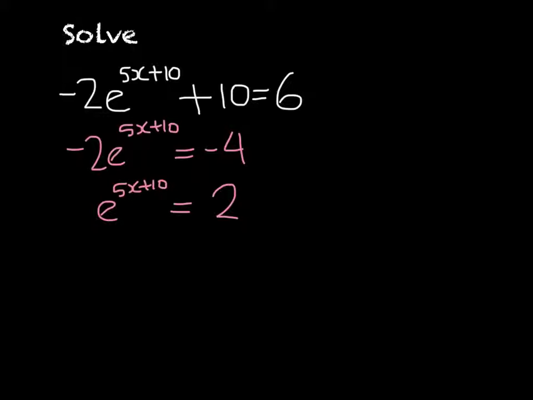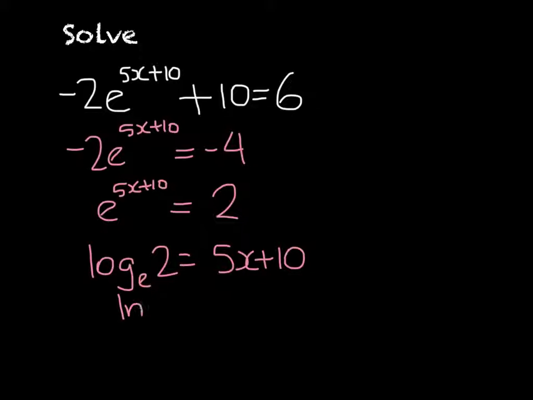And at this point, I can just put this into logarithmic form. So the log base e of 2 equals 5x plus 10. And we'll rewrite log base e as ln of 2 equals 5x plus 10. So now we'll use a calculator to evaluate ln of 2.